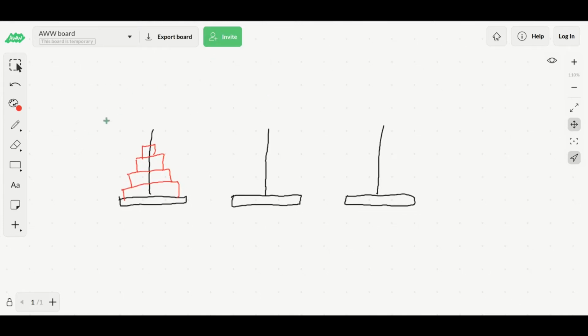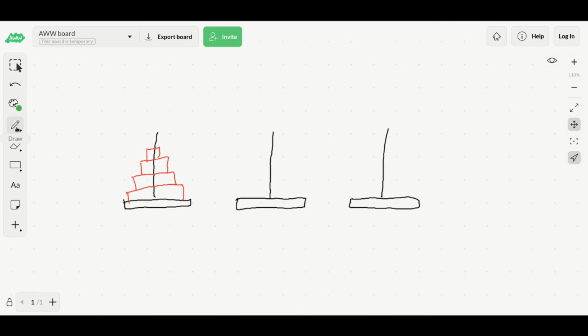No matter what we do, in order for us to move this block, we need to get rid of all these, and we would want to move this to here. And in order to move this to here, we need to move all these disks to this middle stack here. So basically we need to get to this situation here.